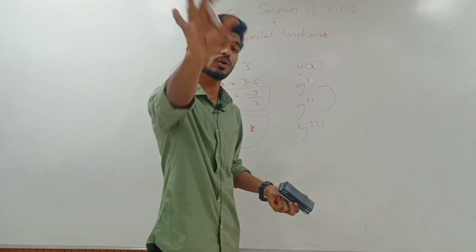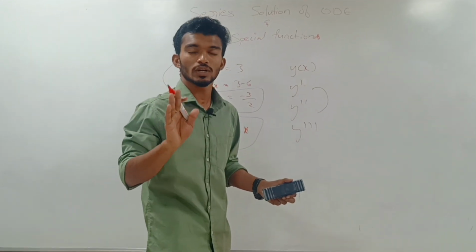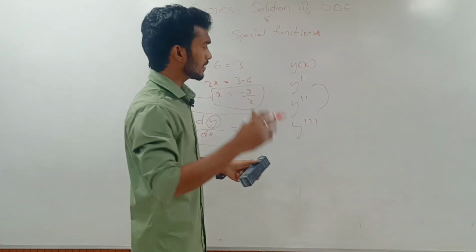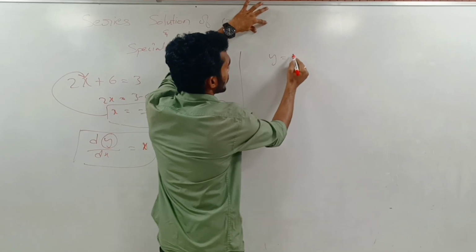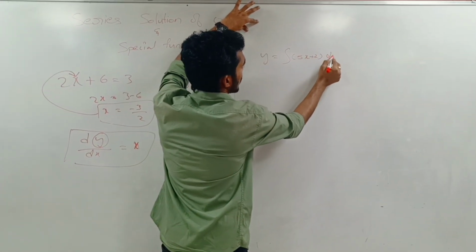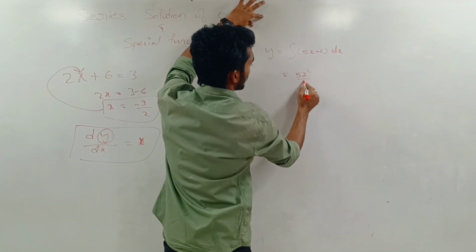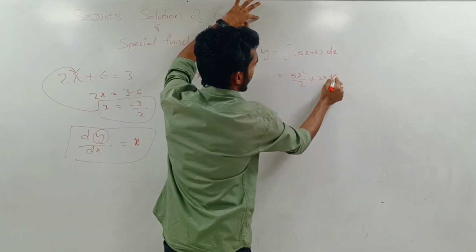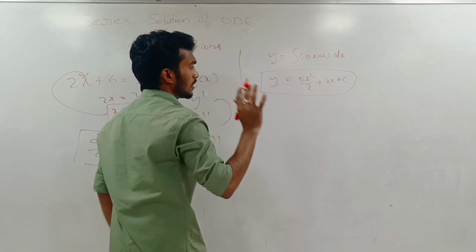Yeah, don't panic, we all learned this in class 12 itself, in the integration chapter. I think many of you are familiar with this, right? y equal to the integral of 5x plus 2 dx, that is 5x squared by 2 plus 2x plus c. This is what we did in class 12.